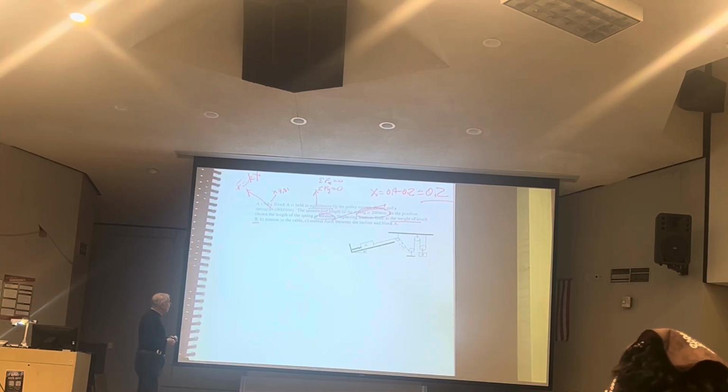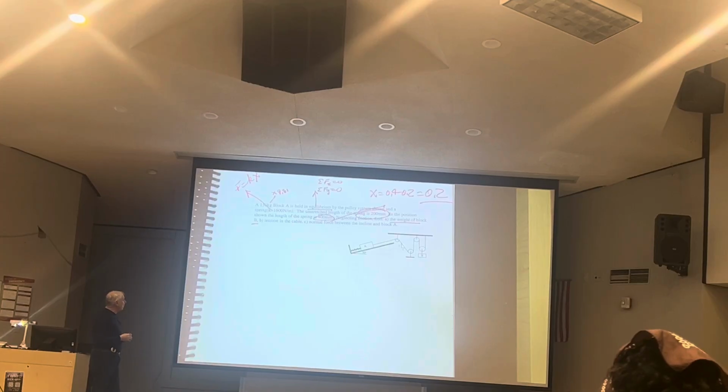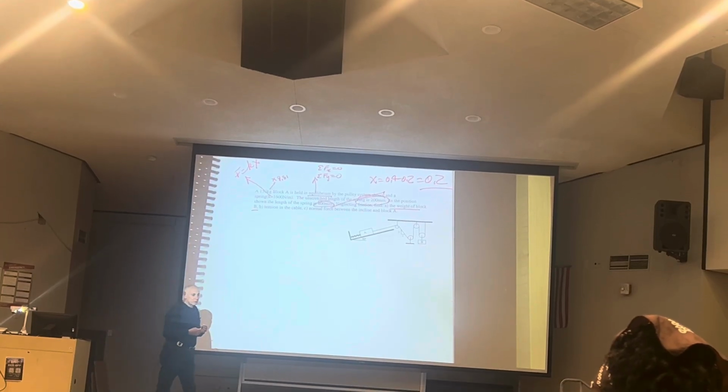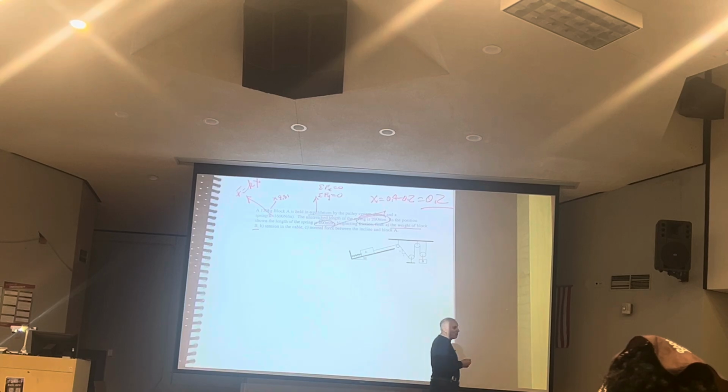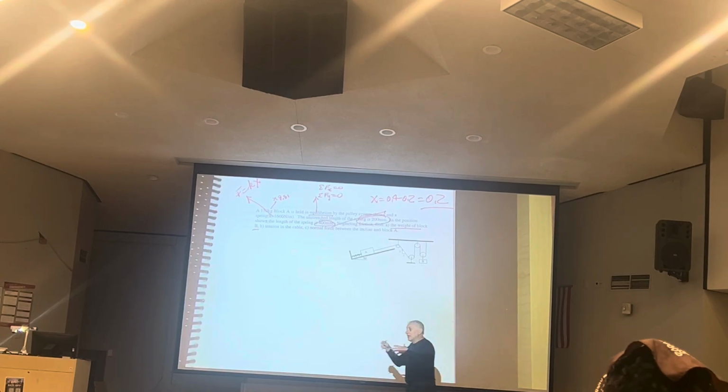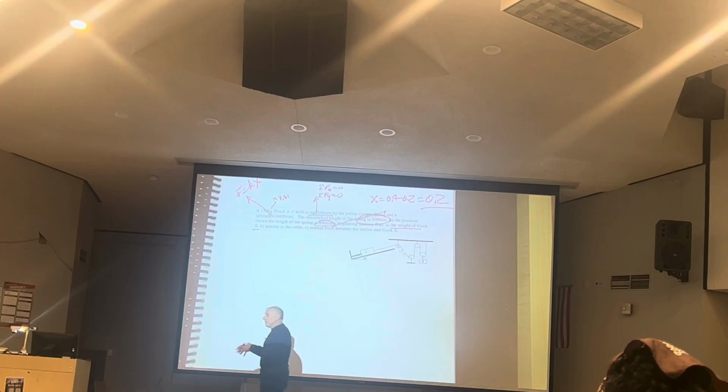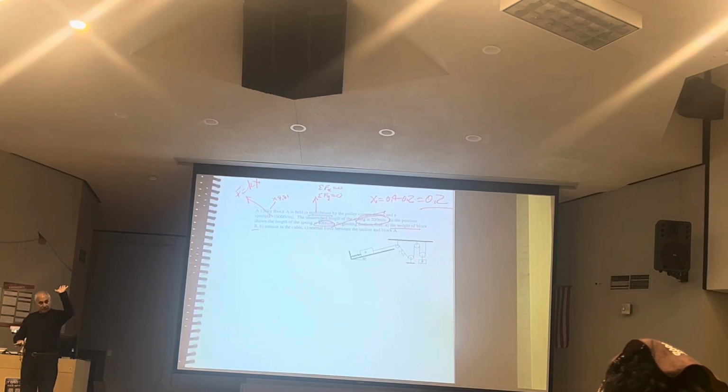Next, tell me the weight of the block B, tension of the cable C, the normal force. What the hell? That's the first time we've heard that word. What is the normal force? You're sitting in the chair right now. If that chair does not push up on your butt the same weight that you have on it, then you're going to be on the floor.